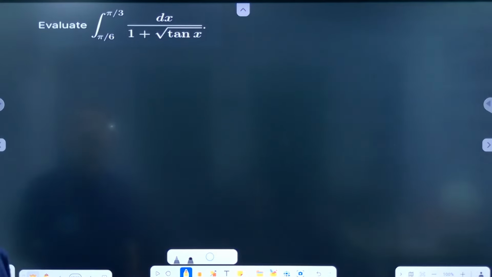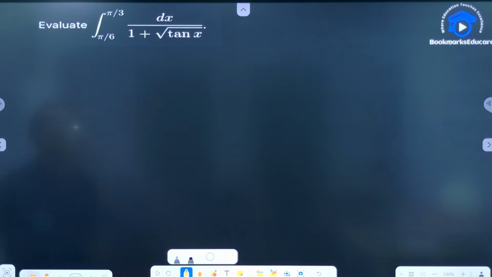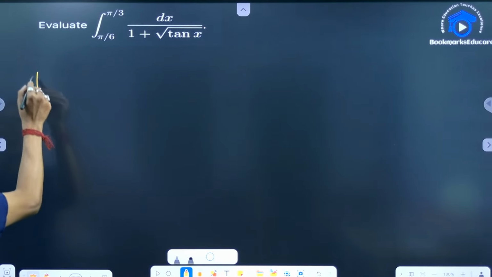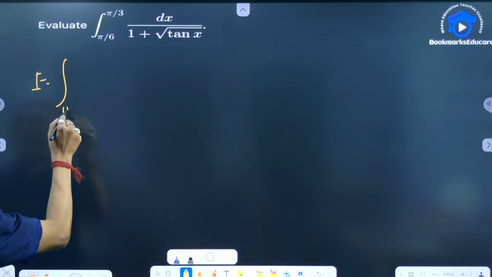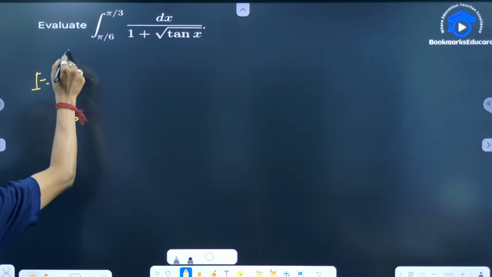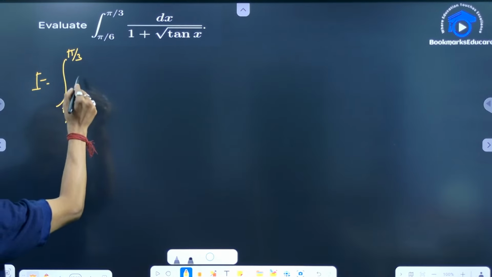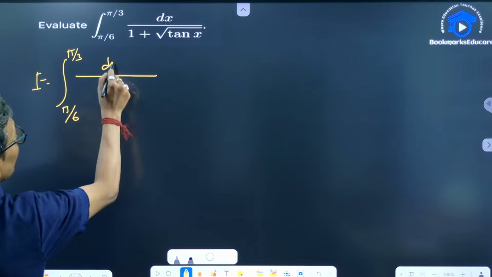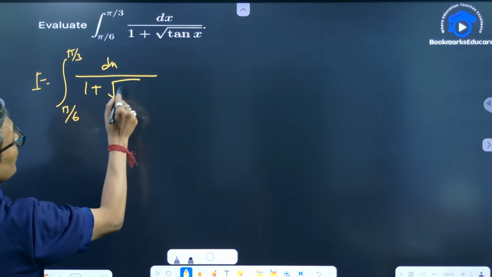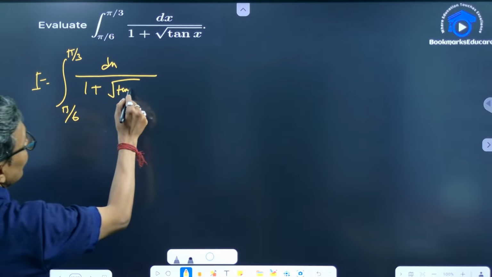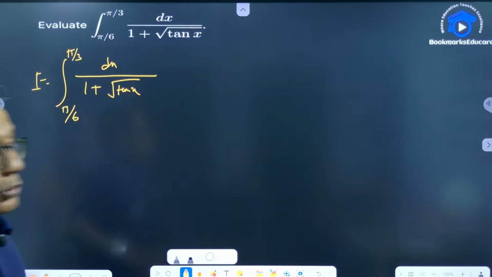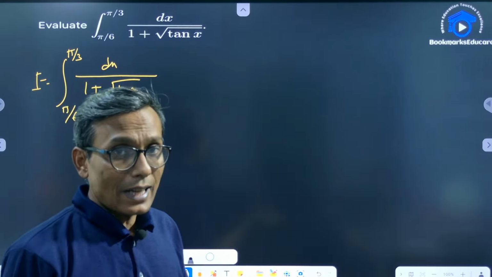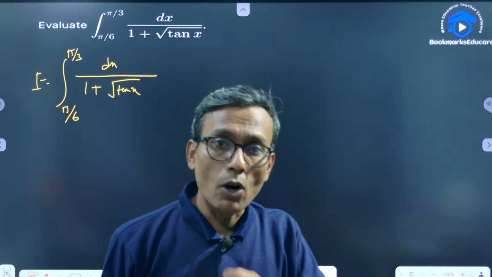Now the next sum is I is equal to integral of lower limit pi by 6 to upper limit pi by 3 of 1 upon 1 plus root over tan x. First of all, I split root over tan of x into root over sin x by root over cos x.